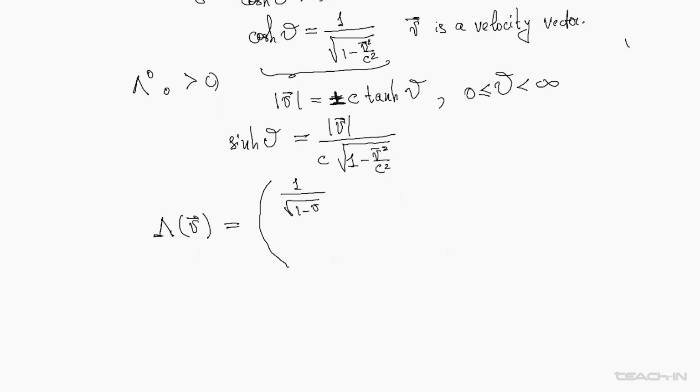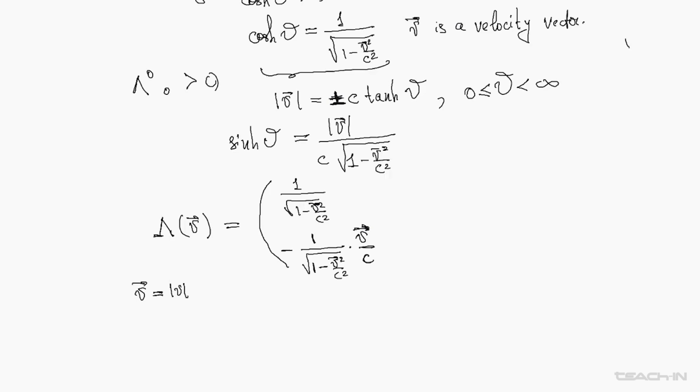Here I will have minus 1 divided by square root of 1 minus V squared divided by C squared multiplied by V divided by C, where V now is a three-dimensional vector. And this three-dimensional vector V is obtained by multiplying the modulus of V by the direction vector n.